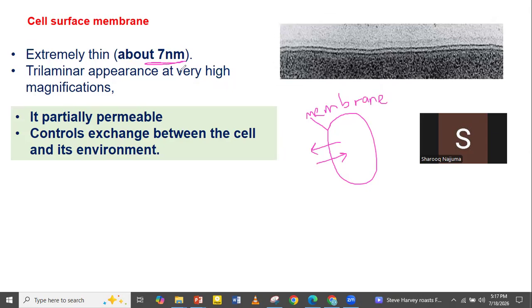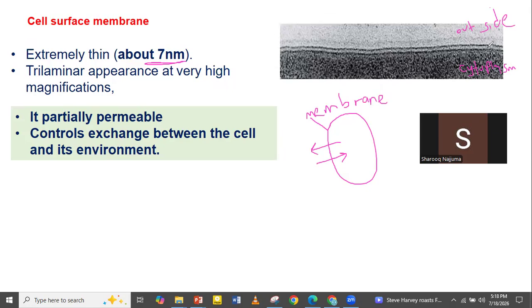When you look at this cell surface membrane under very high magnifications, it appears to have a trilaminar appearance, which means it appears to be made up of 3 layers, like you can see here. This is outside the cell, and then maybe this is inside the cell where we have the cytoplasm, and the outside is separated from the cytoplasm by the membrane.